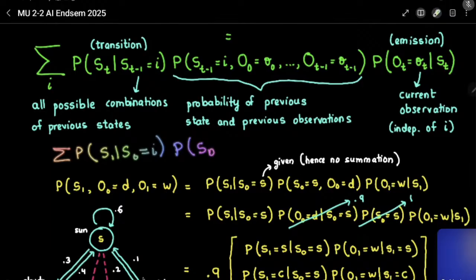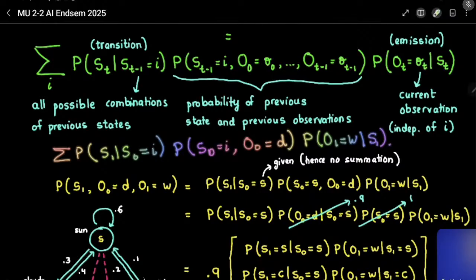So 1 minus 1 is 0, equal to I, and then the observation at O0 is D. T minus 1, so this ends here, and then probability of O1. What is the observation at O1? W, given ST. ST is S1. So this is the formula.